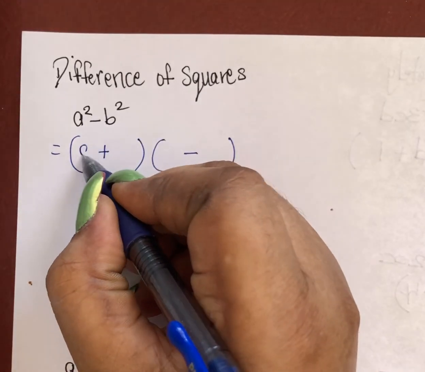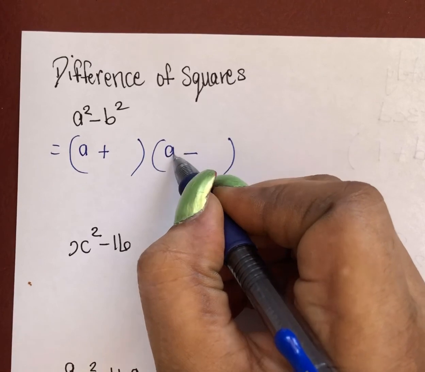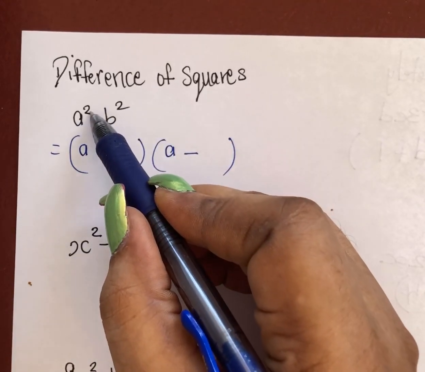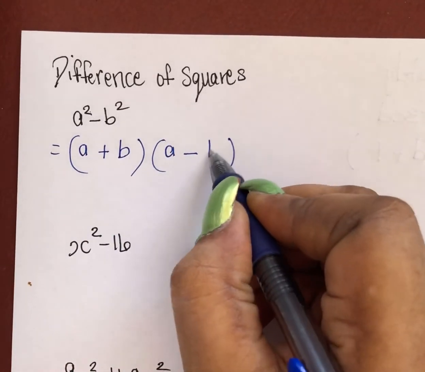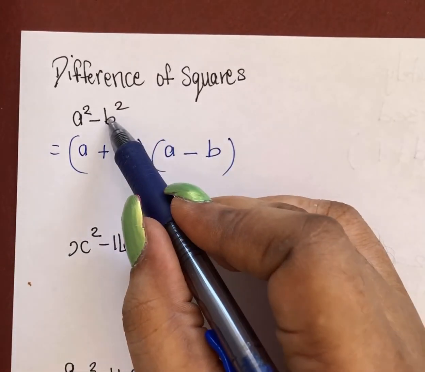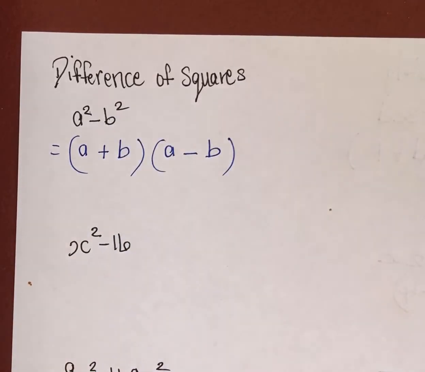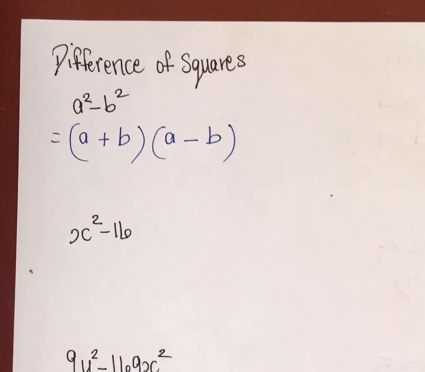So if we multiply a by a, we will get a squared. And if we multiply b by b, we will get b squared. Let me show you why we do the subtraction and the addition.